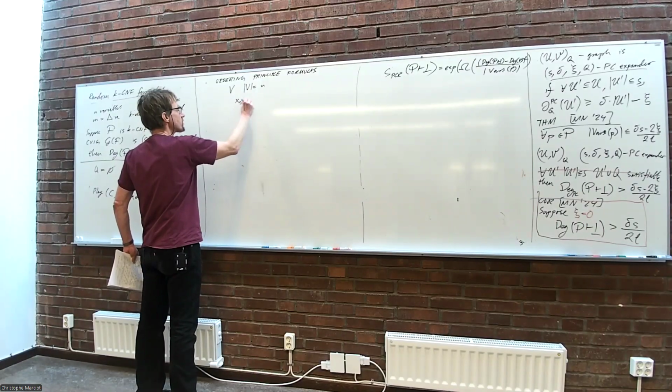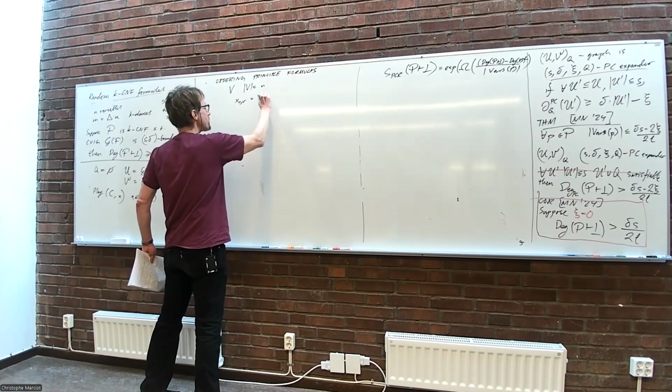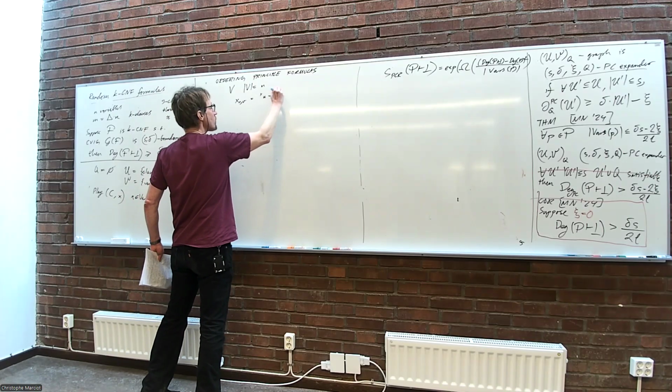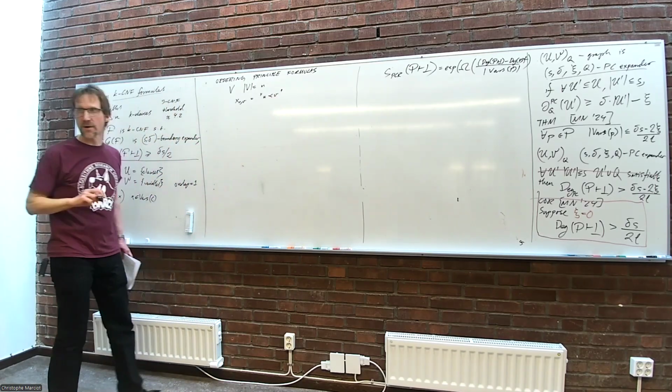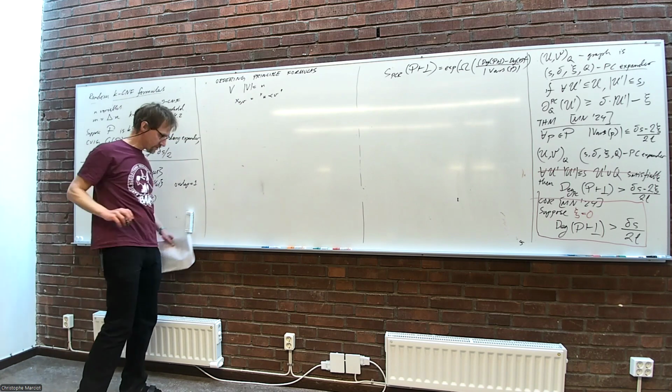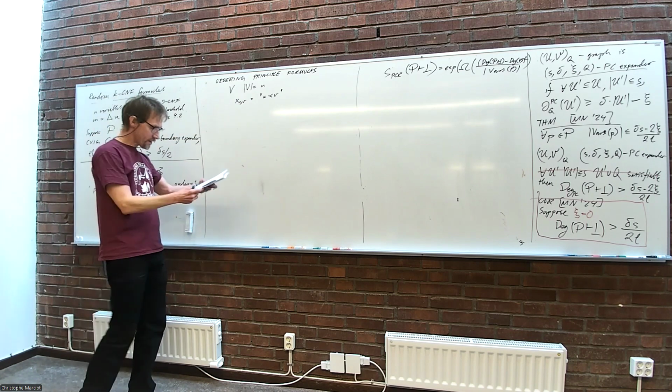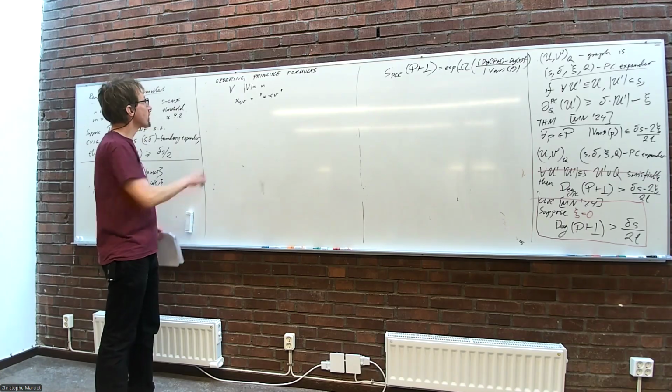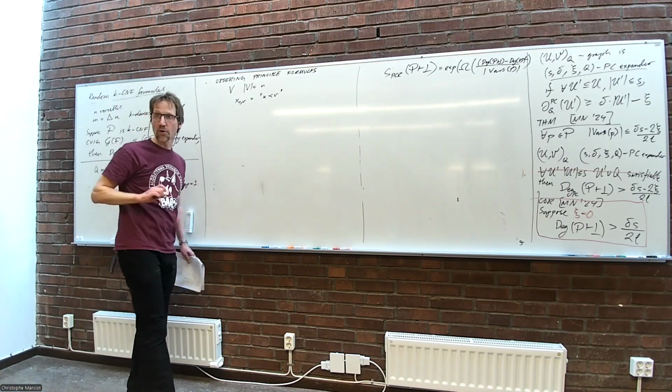I'm going to have variables x_{u,v}, which basically mean element u is smaller than element v with respect to some order, which we don't know, but these variables tell us. So now we're going to write down the claim that, in fact, we have a total order.